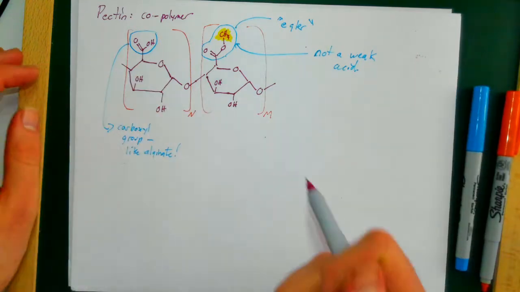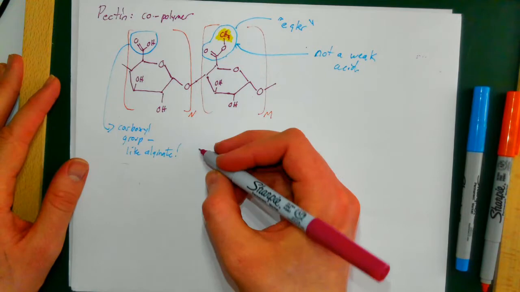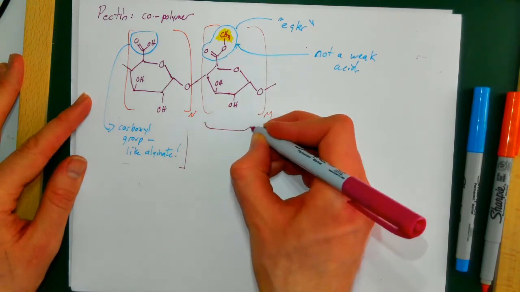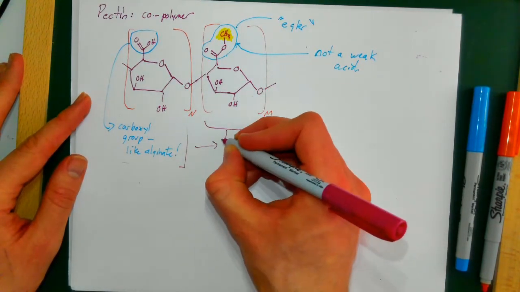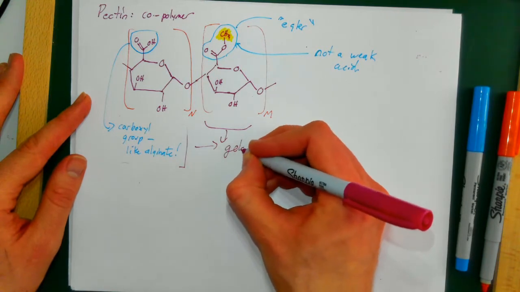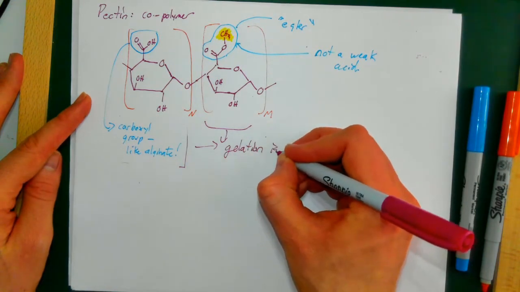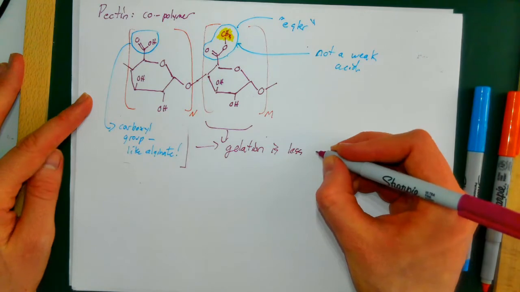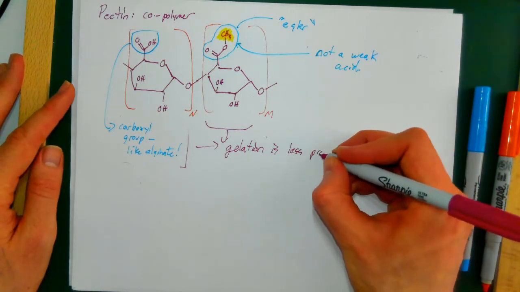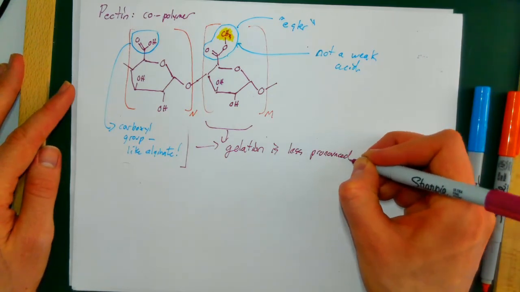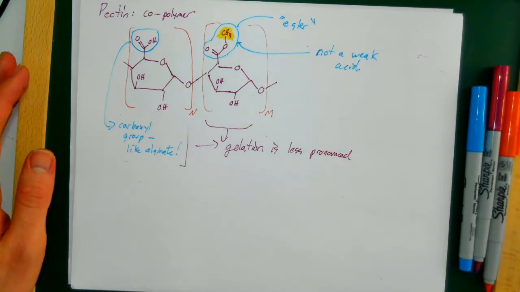So it's similar to alginate, but because some of the groups look like this, its gelation is less extreme, less pronounced, and less pH dependent.